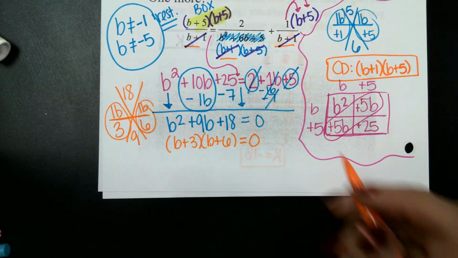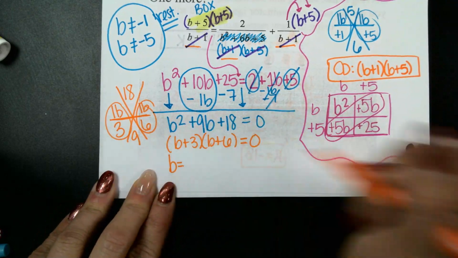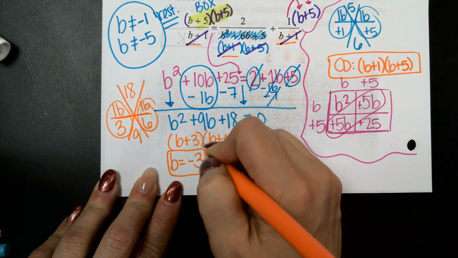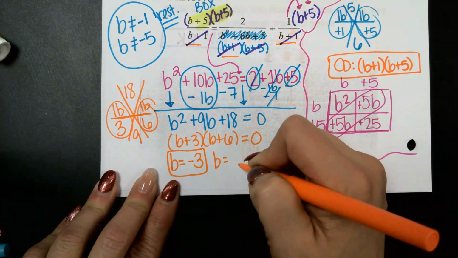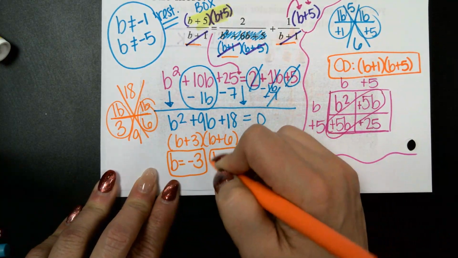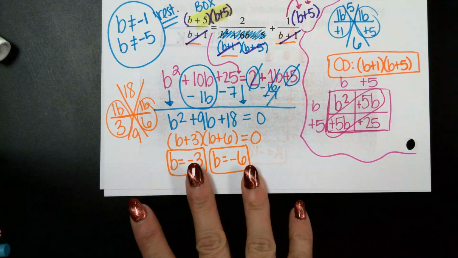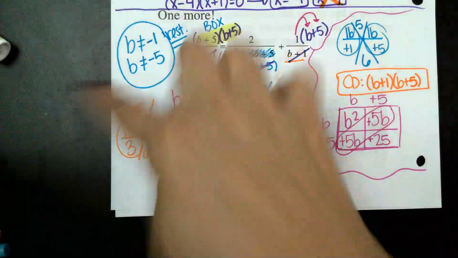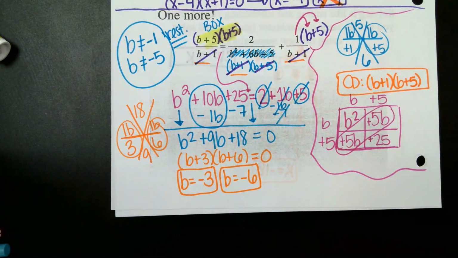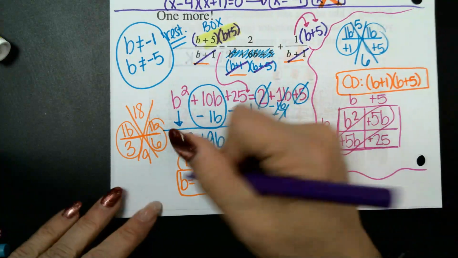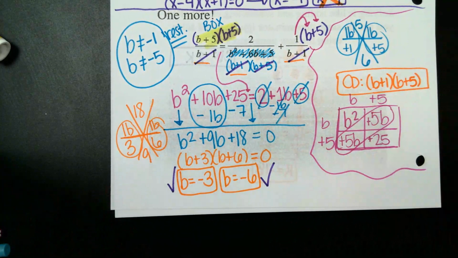Okay. What would this one give me as my final answer? B equals -3. How about this other one? -6. Okay, so now that we have two possible answers, do either of those match any of the restrictions? No. So since these are not included in the restrictions, that means both of them are correct. Like both are possible solutions to that problem.